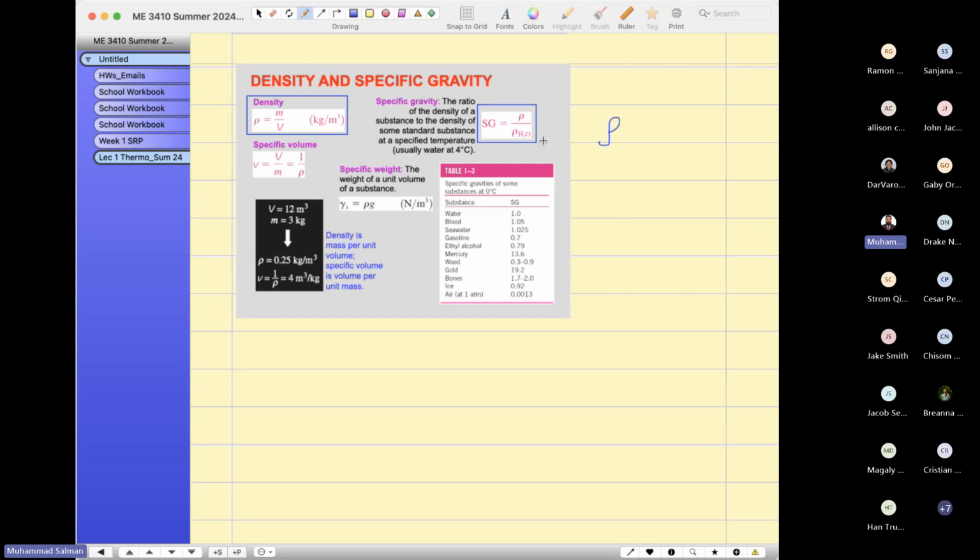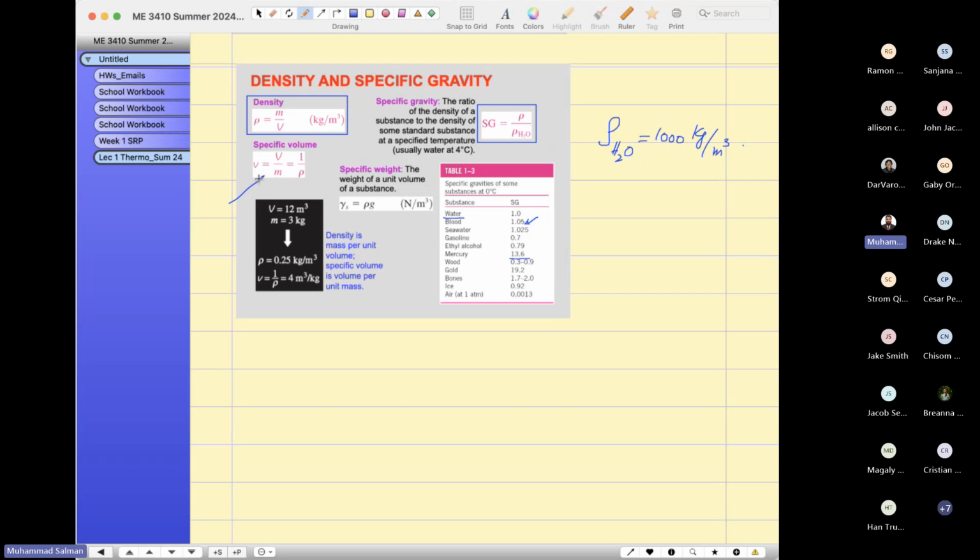Density of water is 1000 kilogram per meter cubed. If you compare specific gravity, for water it is 1, and blood is thicker than water, this is 1.05. Seawater, so you can keep noting down. The bones is 1.7. Mercury is very, very dense as compared to water, which you are comparing.